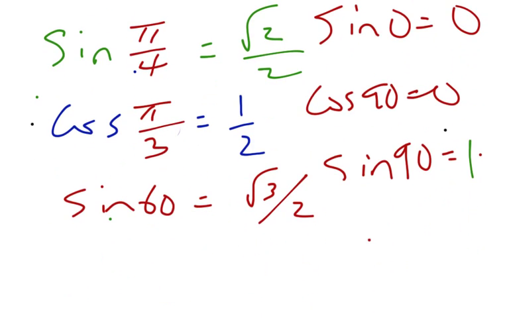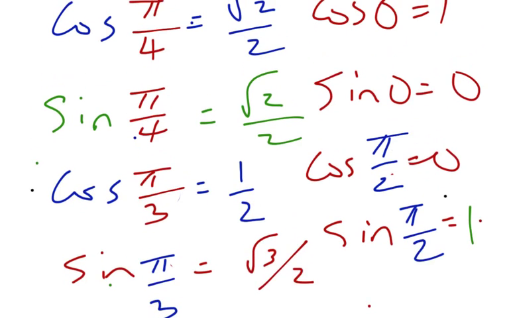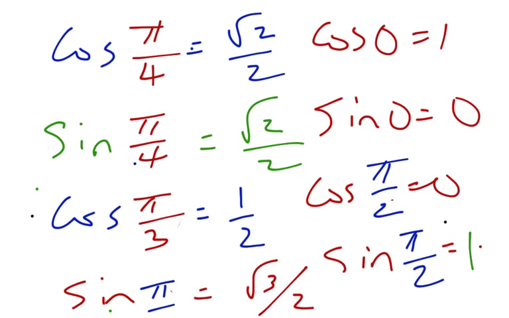Good job. It's in pi radians, which is pi over 3. Let's keep going with the same thinking. 90. What's 90? Yes, pi over 2. So instead of degrees, we're going to be working all of it in radians.